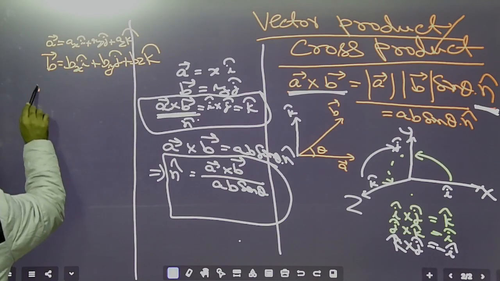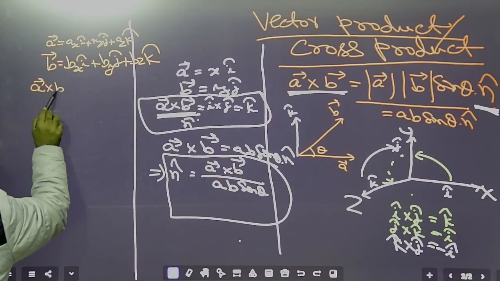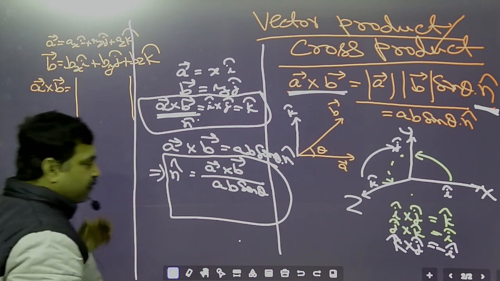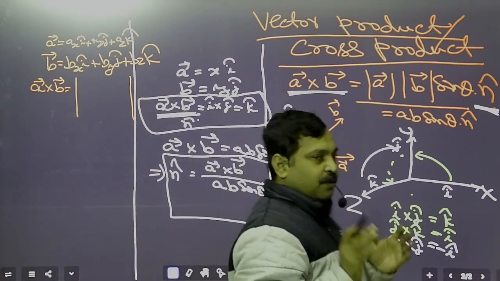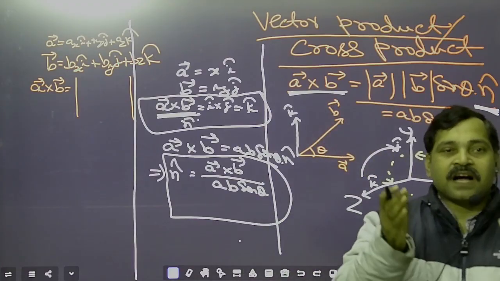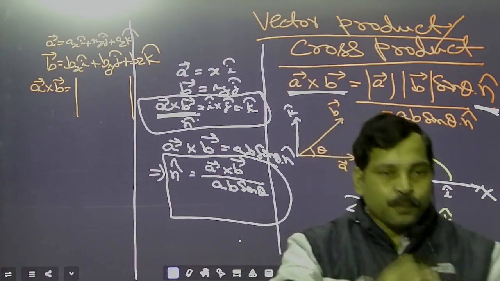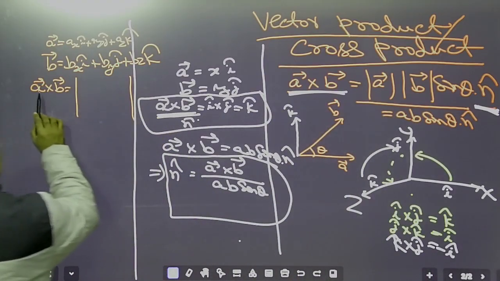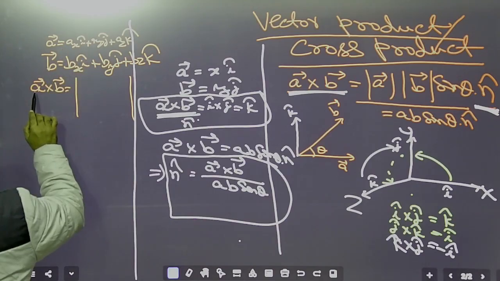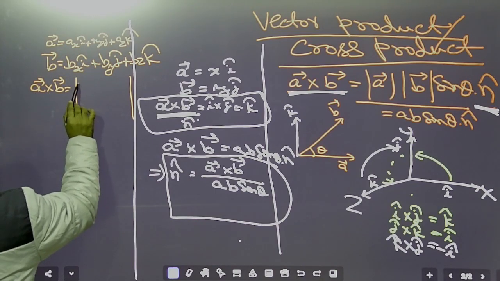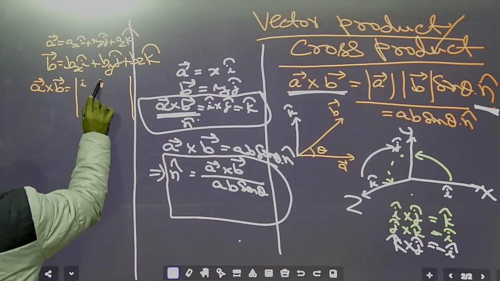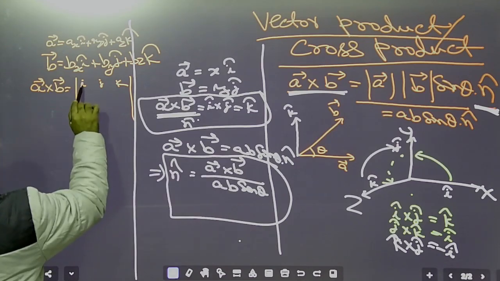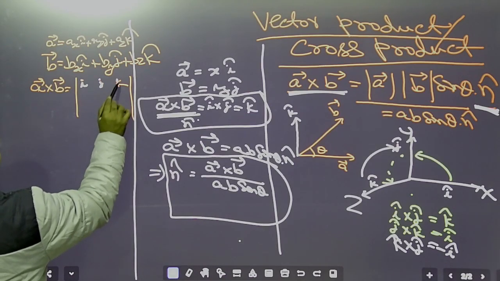Then A cross B we can evaluate by framing a determinant having the components of the two vectors. Just see here, before the components we'll write the first line as i, j and k.